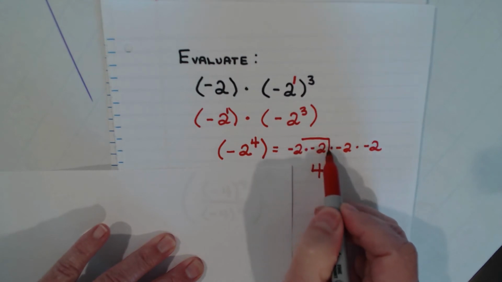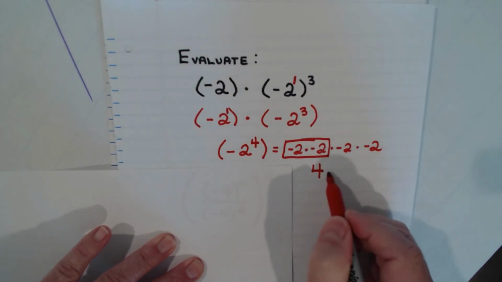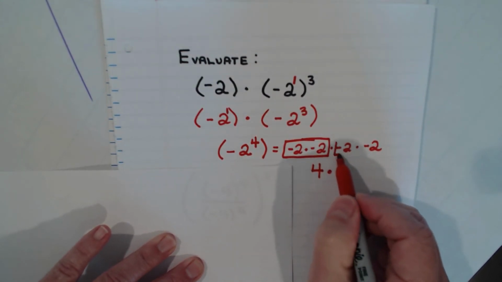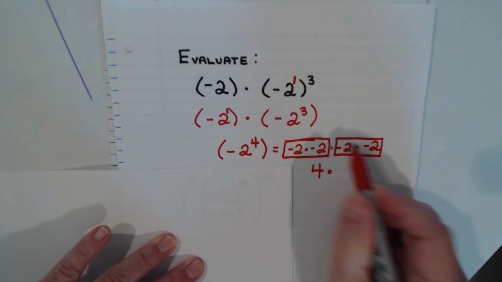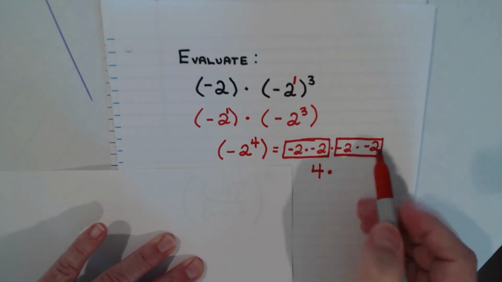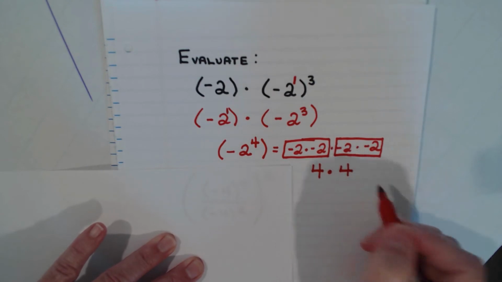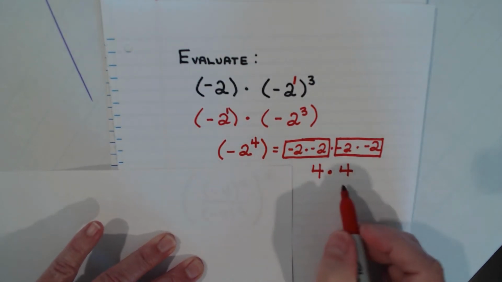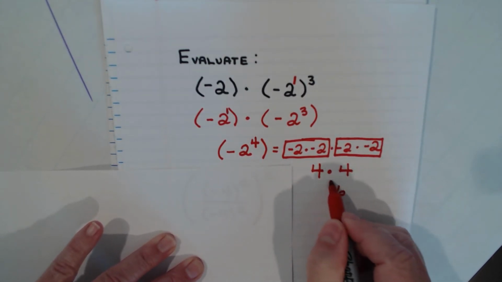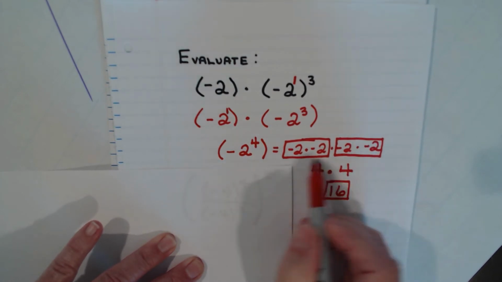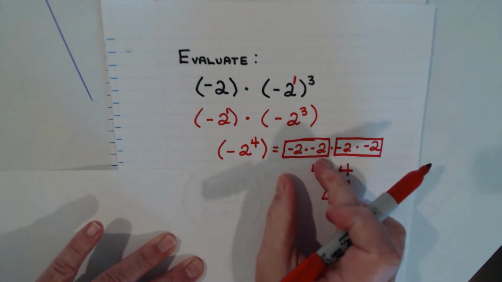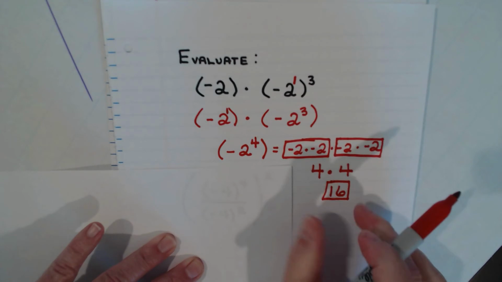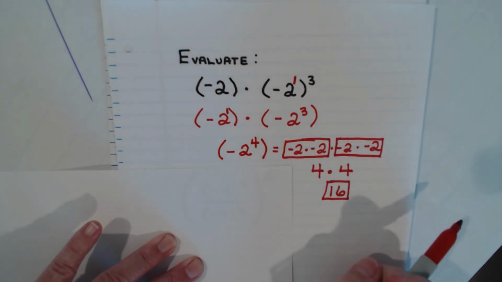So what I did was I multiplied these two together right here, times whatever these two right here multiplied together are. -2 times -2 is 4, and 4 times 4 is 16. So what I did, I grouped these together and multiplied these two together, then multiplied these two together, and took the product of those two and multiplied those together.